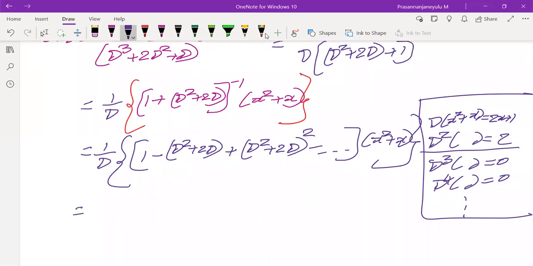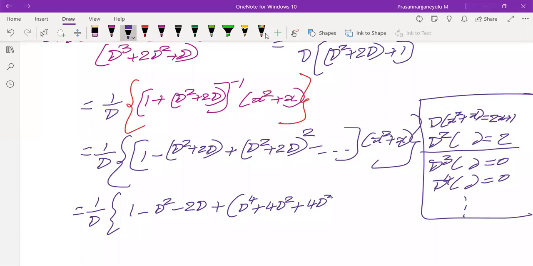Now here I'm going to do one more step. 1 by D of 1 minus D square minus 2D plus, putting brackets like this, in the form of a plus b whole square. a square, that is D square whole square, is D power 4, plus b square. b square is 2D whole square, is 4D square, plus 2ab. 2 into a is D square, b is 2D. Then we are going to get 4D cube minus and so on, of the same function x square plus x.